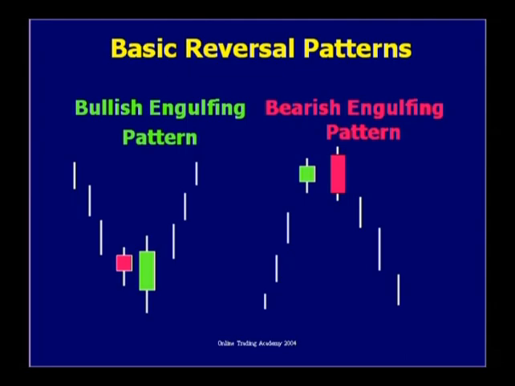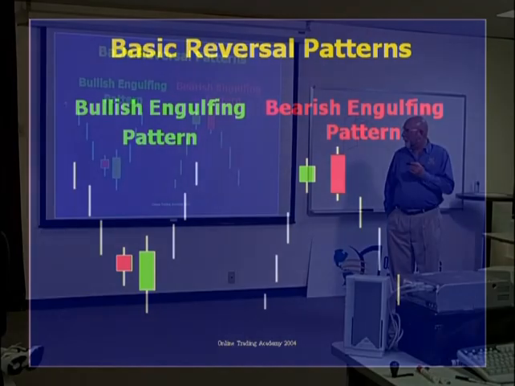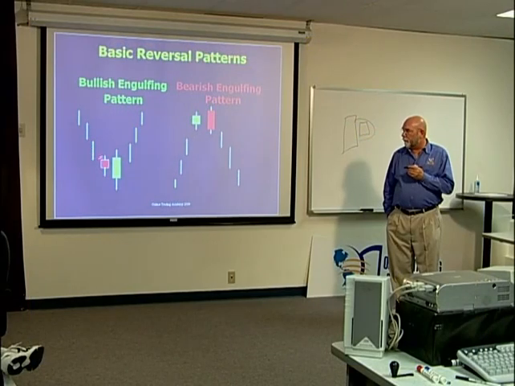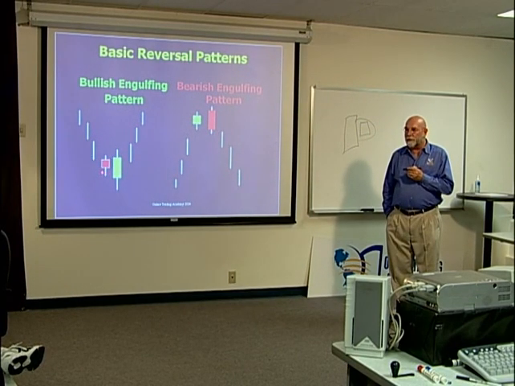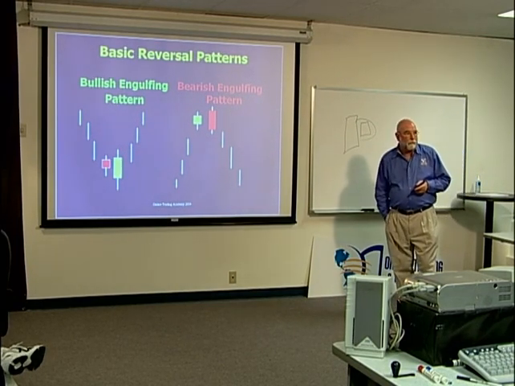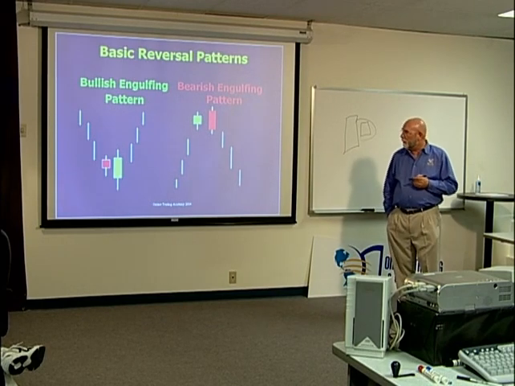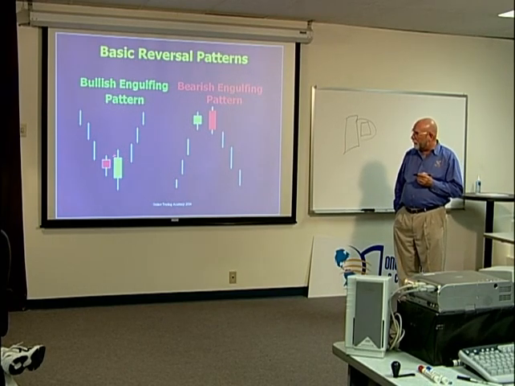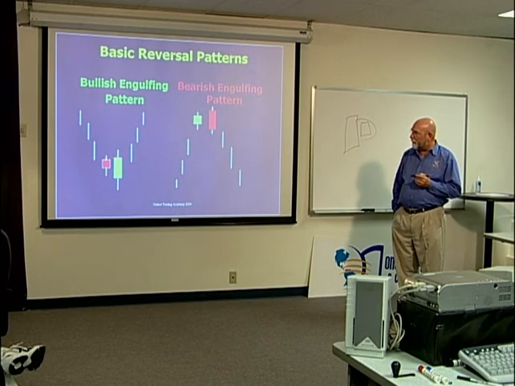Okay? Again, if I change the colors, the bears had control. The bulls snuck in with a little green color. The bears tried exhaustively to take it back. The bulls won. Okay? Yeah, you would want to go long. Remember, this green candle is going to close up here above this red one.